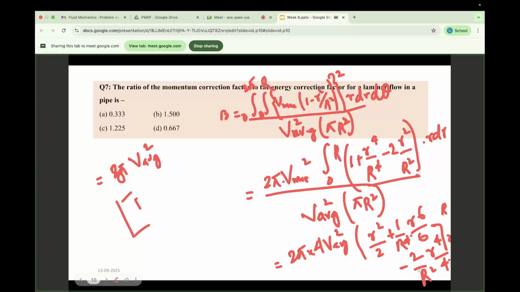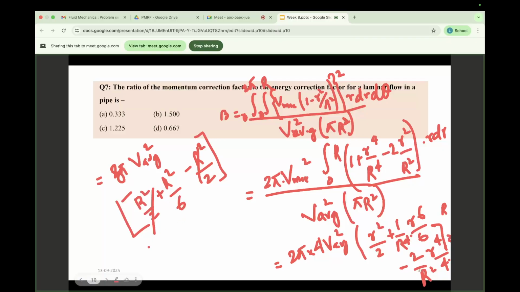So there should be here R square by 2 plus R square by 6 minus R square by 2. Any confusion up to this? So that 2 will cancel out.